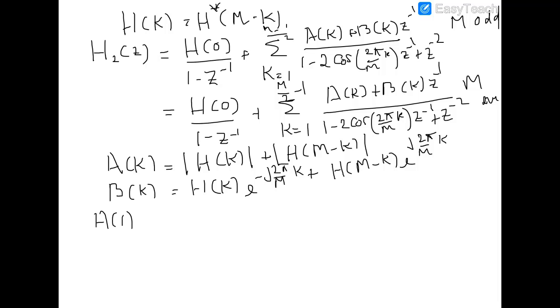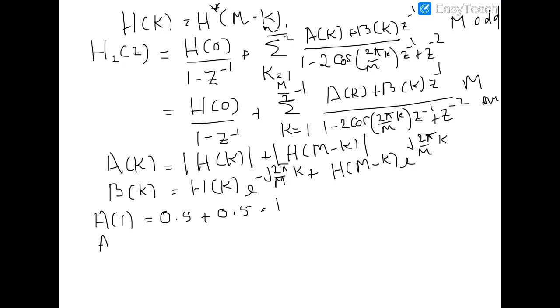A1 is equal to, the magnitude of H of 1 is 0.5, and H of 4 is also having a magnitude of 0.5, so it works out to be 1.